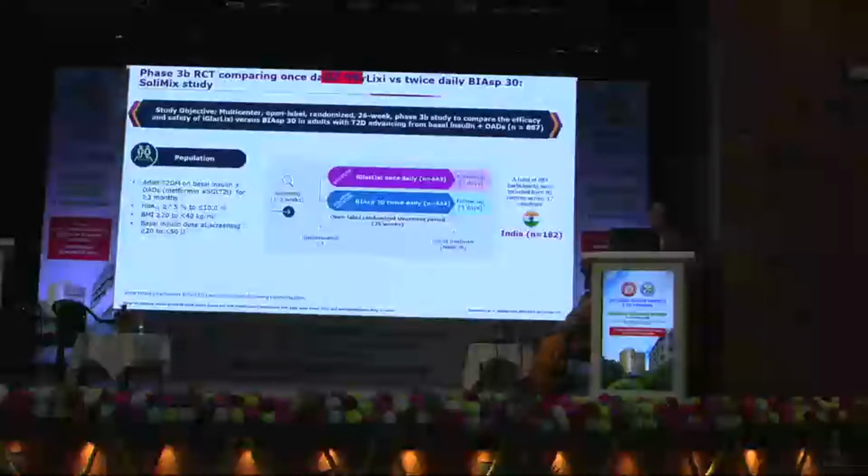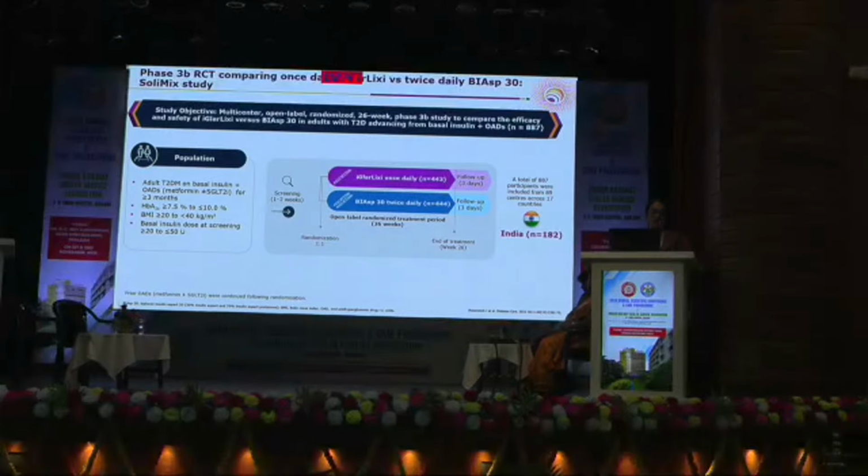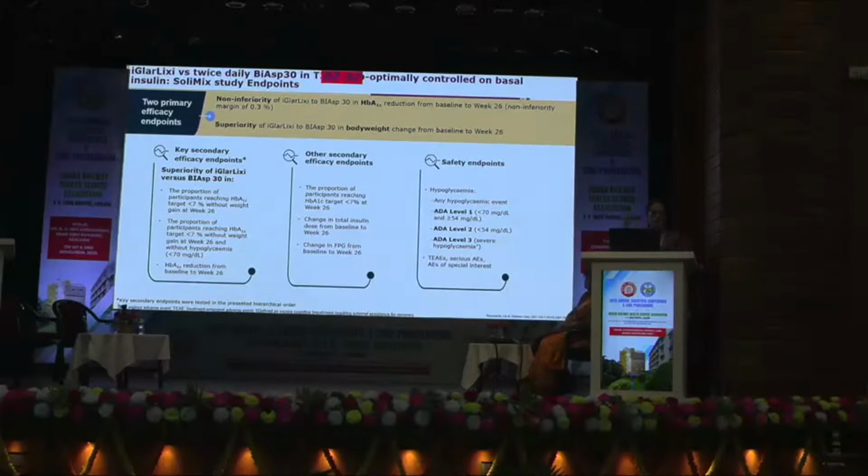In a similar setup with similar baseline characteristics, half of the patients were put on iGlarLixi and the other half on premixed insulin. The patients were followed for 26 weeks. The primary endpoint was the percentage of patients achieving an HbA1c of less than 7% without hypoglycemia and without weight gain.